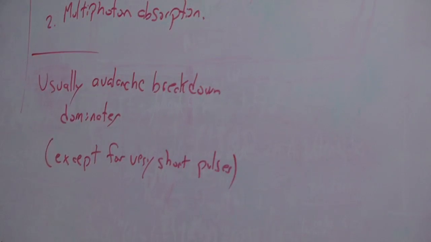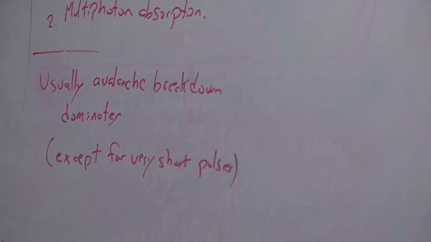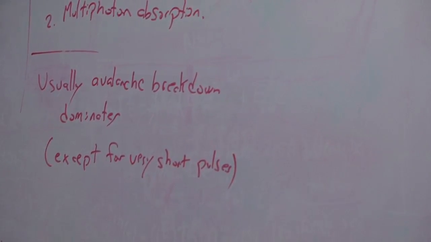Well, we'll develop a model for avalanche breakdown, but what does it mean? You have one electron. It gets accelerated by the laser field, picks up more energy, crashes into an atom, releases an additional electron.